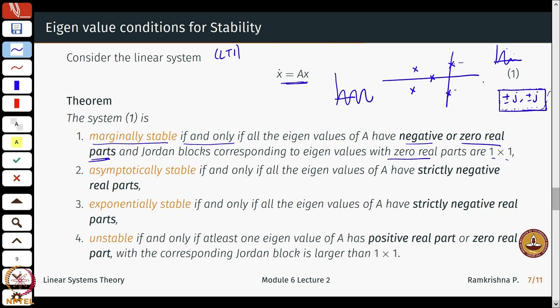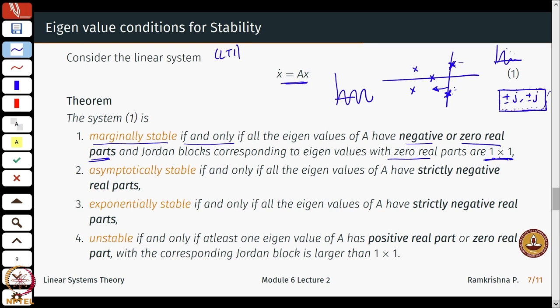Okay, so back to definitions of stability, or how do we verify with eigenvalues? Well, the eigenvalues should either be on the imaginary axis or to the left of it. The only caveat here is that if they are on the imaginary axis, I need to do an additional test corresponding to the Jordan block.